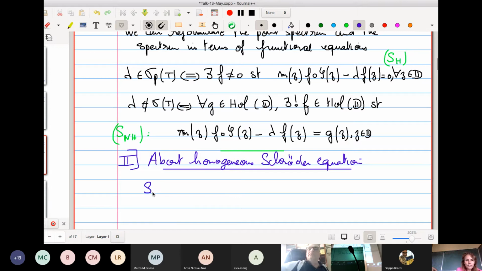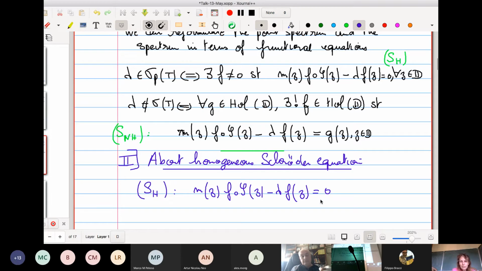We have this equation, m F composed with phi minus lambda F is equal to 0.